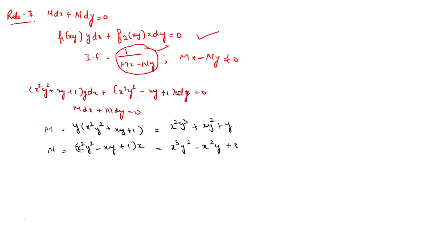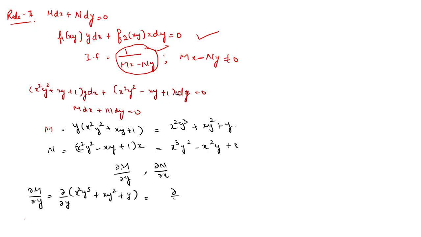Now, as we know, to find whether the equation is exact or not, we find del M by del y and del N by del x. If these two values are the same, it means that the equation is exact. If these two are not the same, it means that the equation is not an exact differential equation. So let us check first del M by del y. If we are finding the partial derivative with respect to y, it means that we are taking x as a constant.